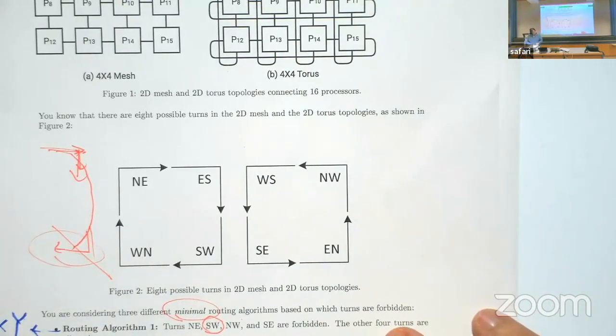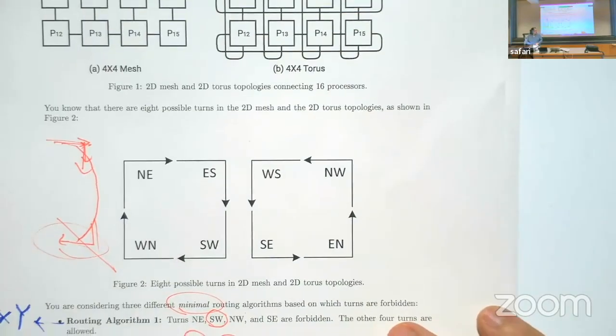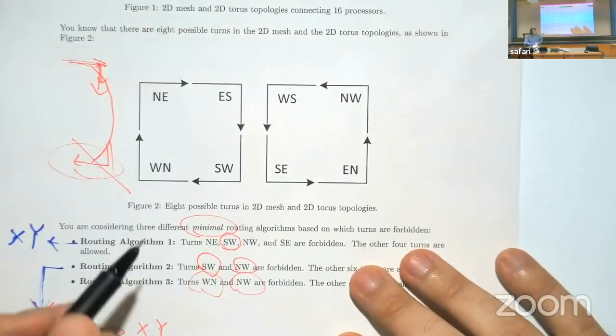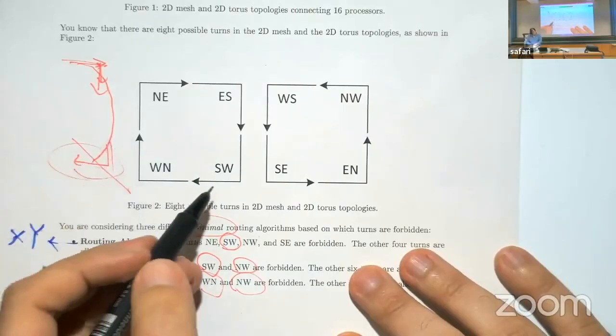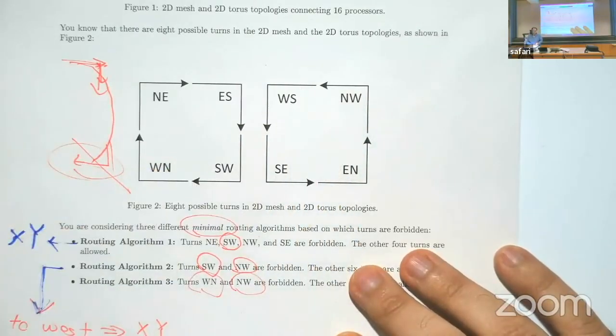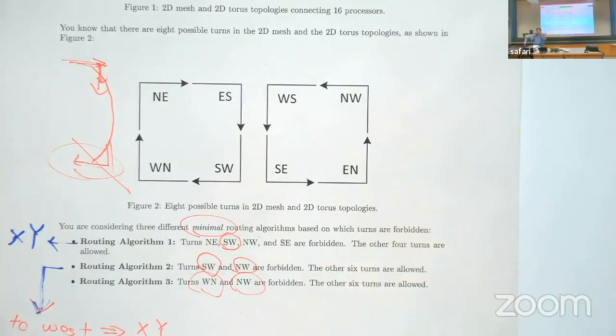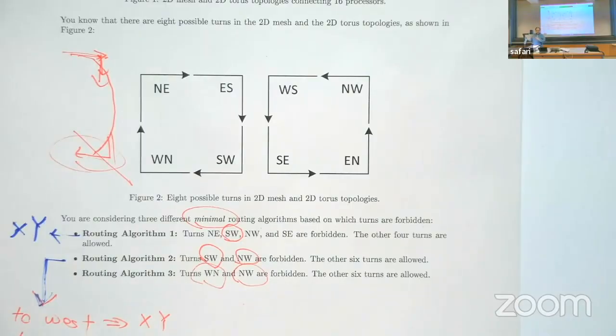So for routing algorithm 3, turns west-north and north-west are forbidden. So if you pay attention to the proof that I provided just before, I was thinking of the rightmost link, the rightmost edge, not happening.